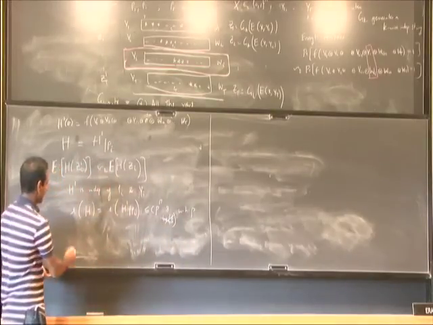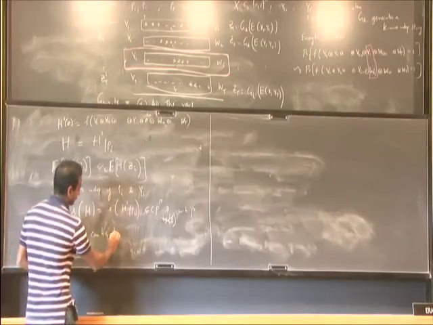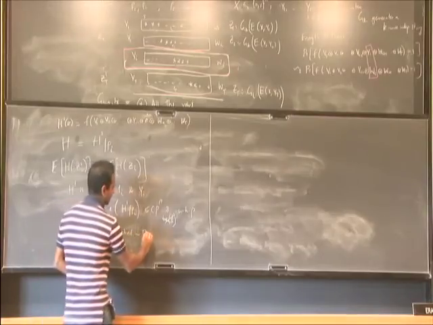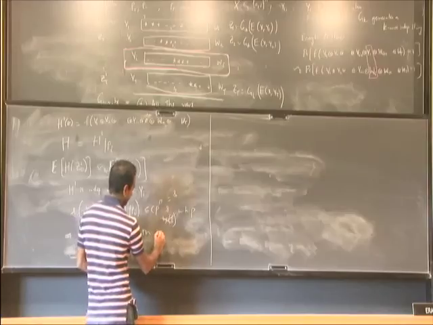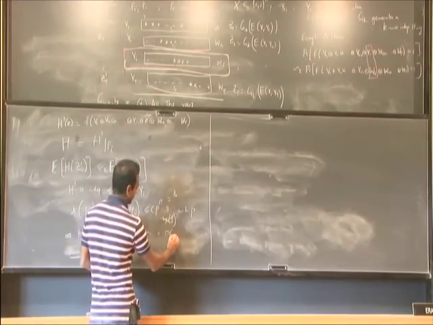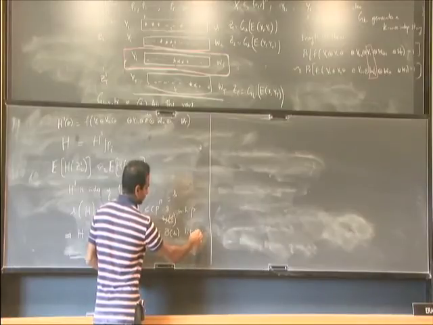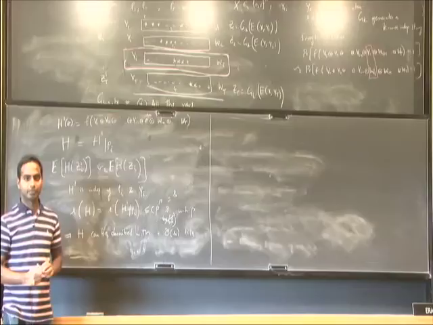So this implies that H can be described, let's call this guy S0 for brevity, with roughly O tilde of S0 bits. It will basically be S0 times log of S0.